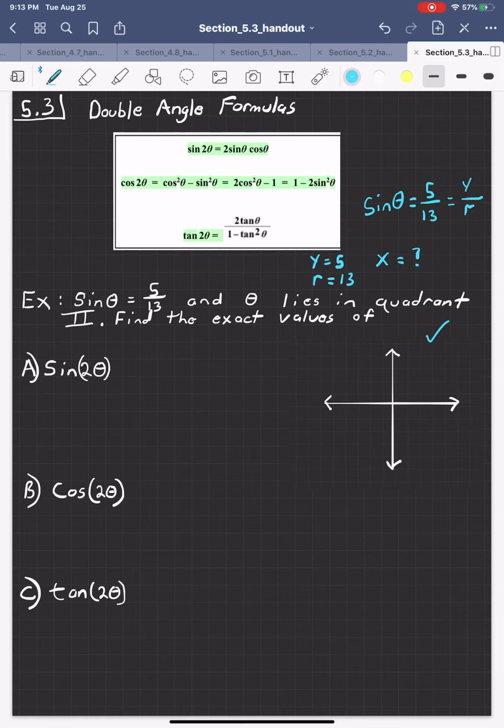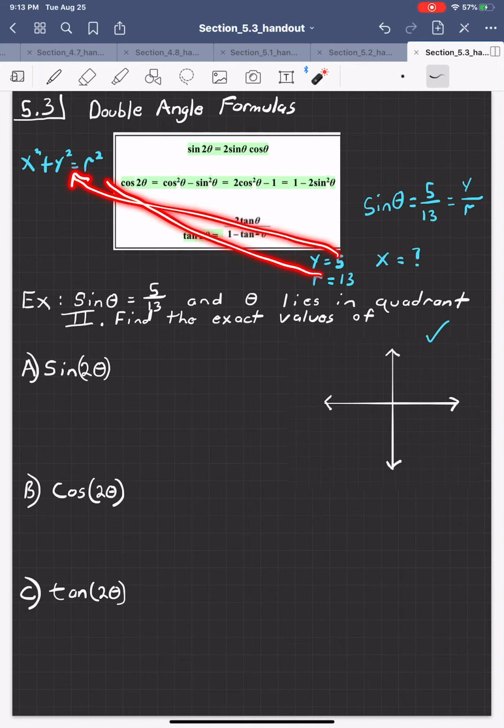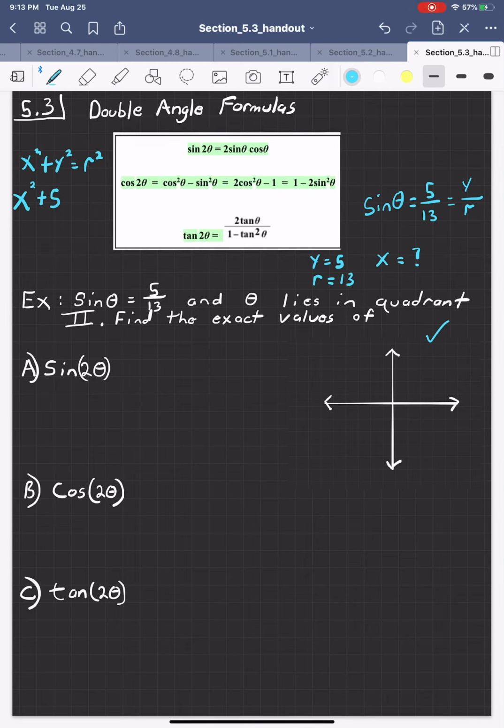So we can just start with x squared plus y squared is equal to r squared. I already know what to plug in for y and for r. So that means x squared plus 5 squared is equal to 13 squared.